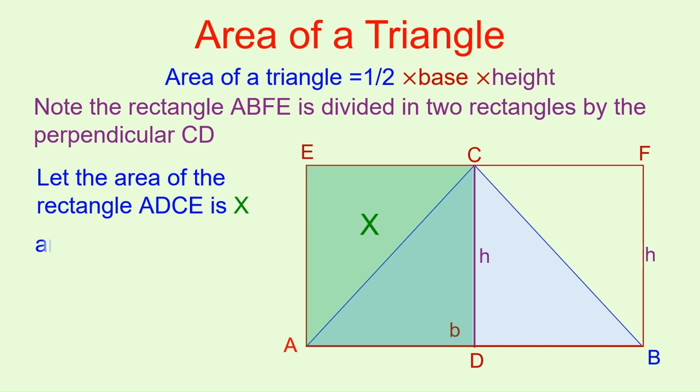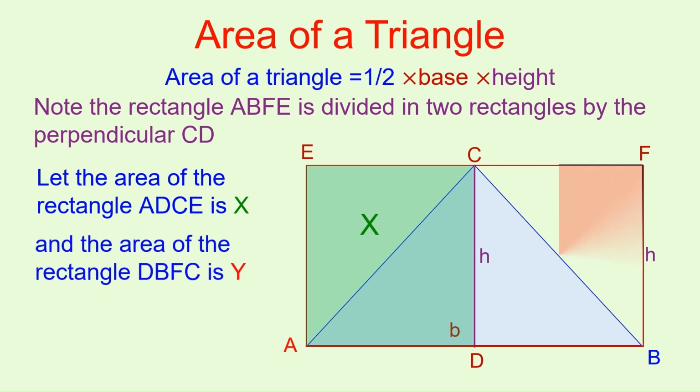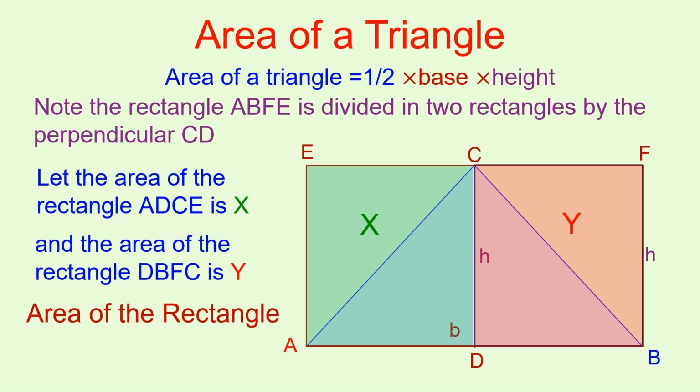Let the area of the rectangle ADCE be X, and the area of the rectangle DBFC be Y. Therefore the area of the rectangle ABFE equals X plus Y equals B times H.